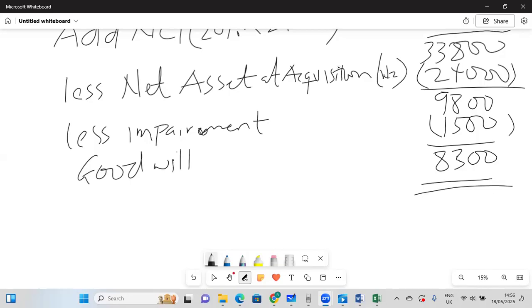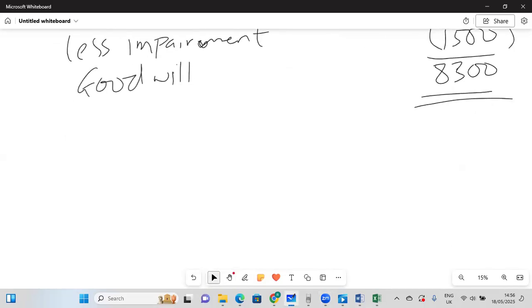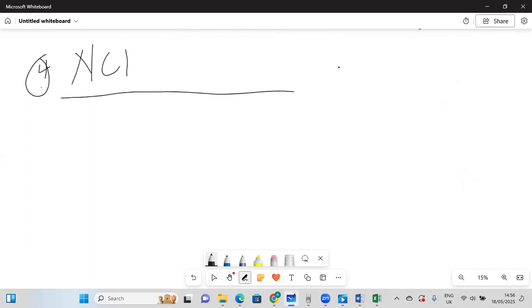All right. So after computing the goodwill, the next thing is to find the value of NCI. Fourth workings, NCI. Now, what we are going to do is just put in the value of NCI and their share of PAP. If NCI was to be valued at fair value, we would bring their share of impairment loss here.